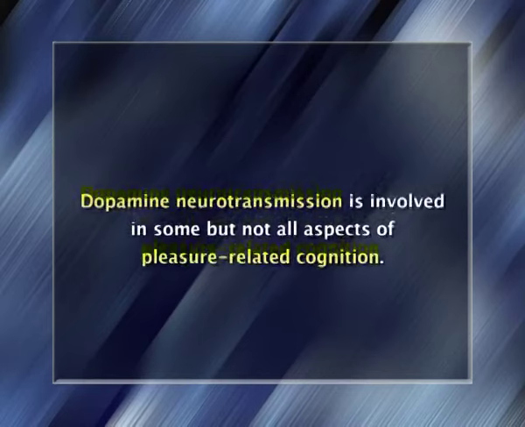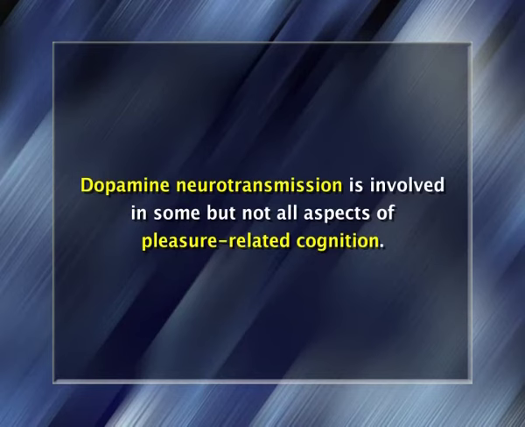While dopamine has a central role in mediating wanting associated with the approach behavioral response to the rewarding stimulus, detailed studies have shown that dopamine cannot simply be equated with liking or pleasure as reflected in the consummatory behavior response. Dopamine neurotransmission is involved in some but not all aspects of pleasure-related cognition.